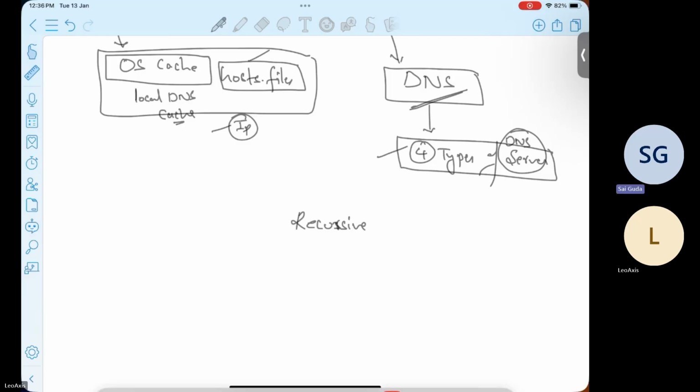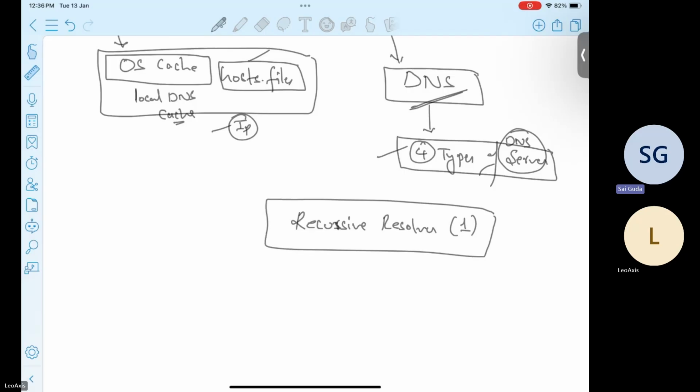Right? Our system is making a call to the recursive resolver, which is the first server that the system contacts in this DNS system. Out of these 4, it is the first server where our system makes a call. Now it asks the recursive resolver, my dear recursive resolver, please kindly get me the LeoAxis.com website details.